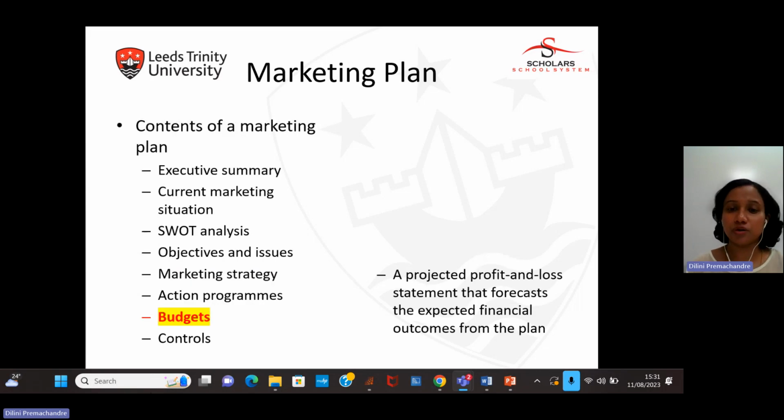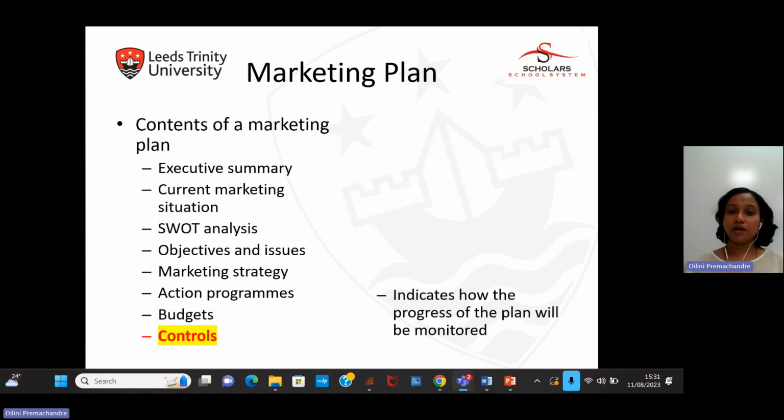Also, the next section is about budgeting. You have to include your financial plan. What is the budgeted investment required for your business, and how are you going to finance your budget? You need to explain that. And finally, you have to talk about how you are going to monitor your action plan.